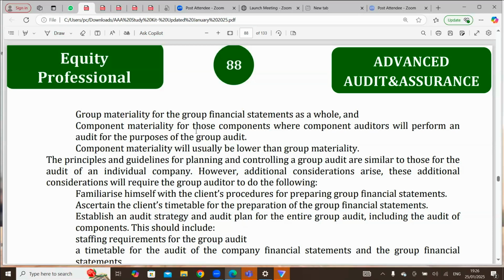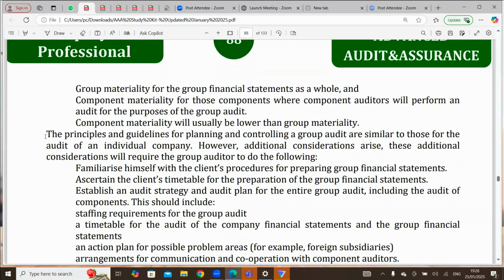I wanted to show us what makes up a significant component and what does not make up a significant component. Let's continue because I can't seem to find it now.